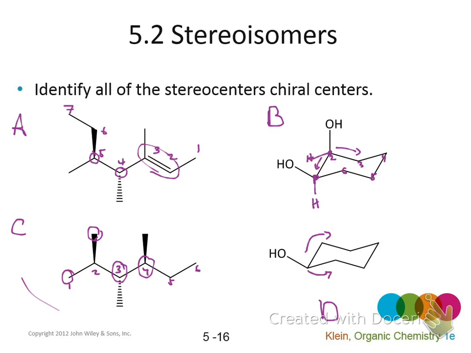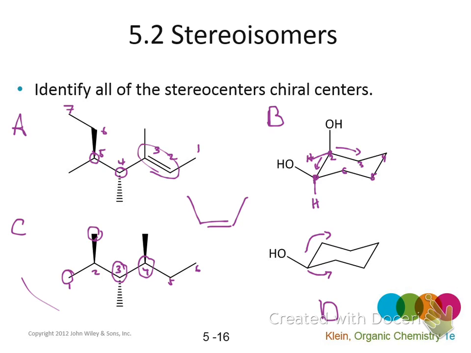So for example, if you try to make a non-superimposable mirror image of cis, we make the mirror image of that, it's superimposable, right? It's not a chiral center. Chirality has a very important influence on the properties of molecules.